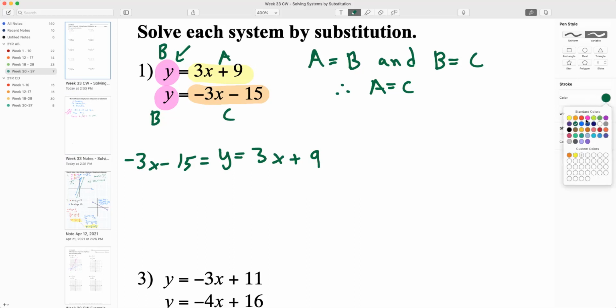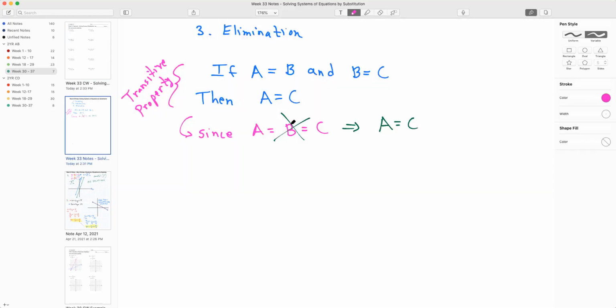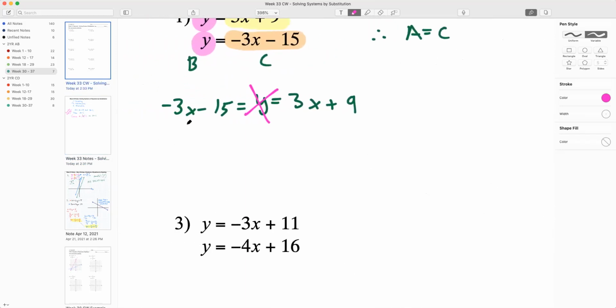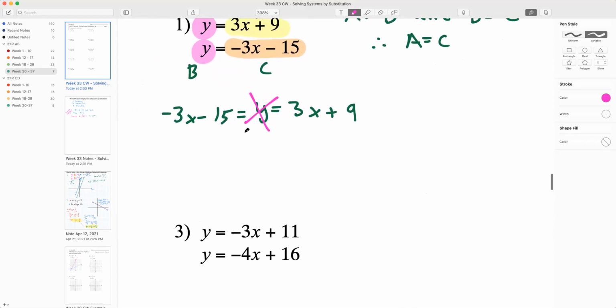Therefore, we eliminate the middleman, just like we did back over here, and simply set negative 3x minus 15 equal to 3x plus 9.